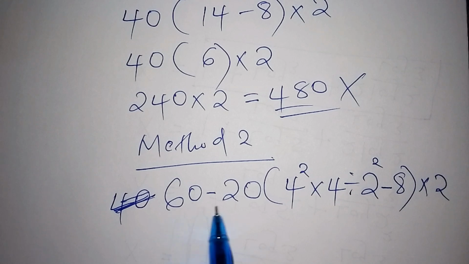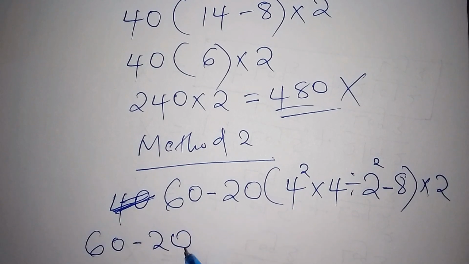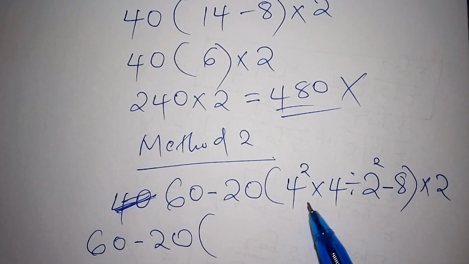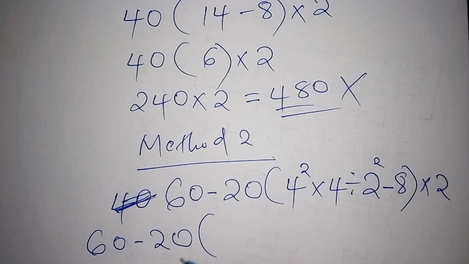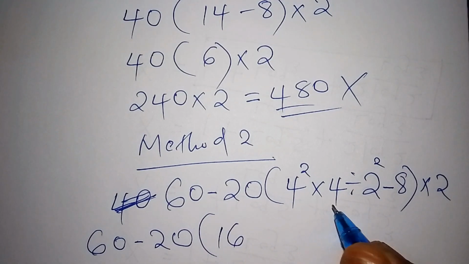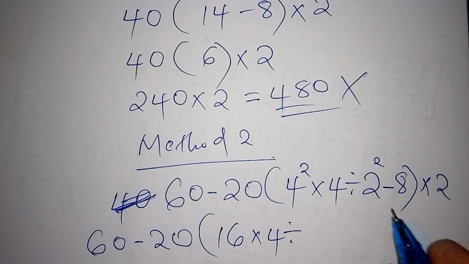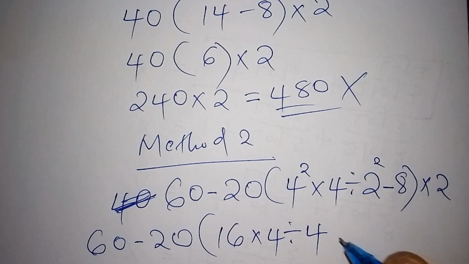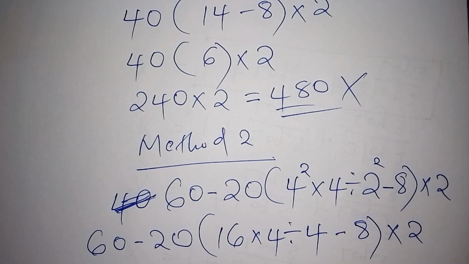So we have 60 minus 20, then you work out whatever is inside the bracket. 4 squared is 16, then 16 multiplied by 4. I want us to work out the exponents first, then divide by 2 squared, which is 2 times 2, which is 4, then minus 8, close the bracket, times 2.